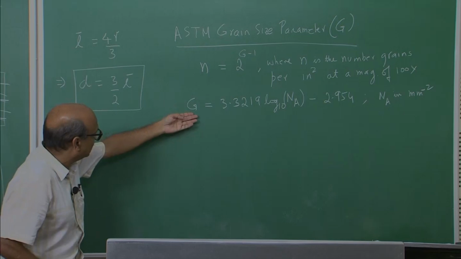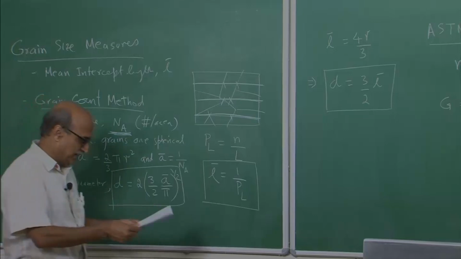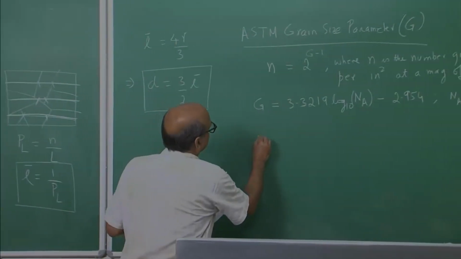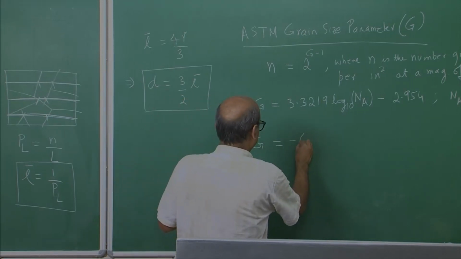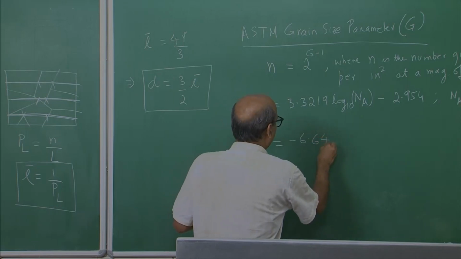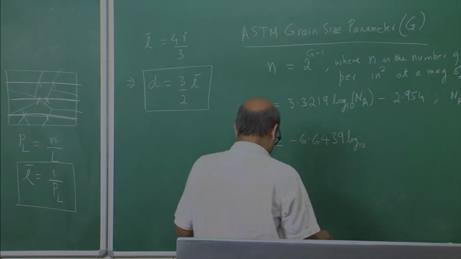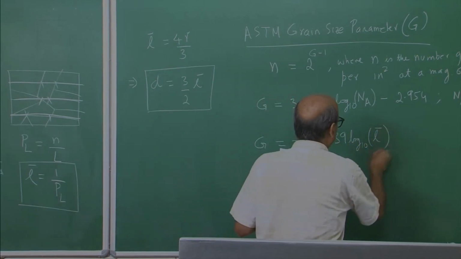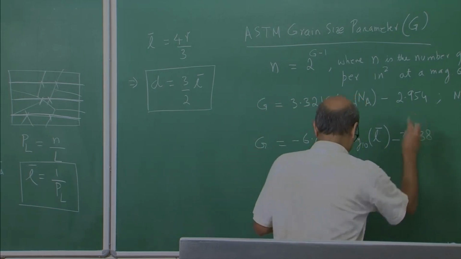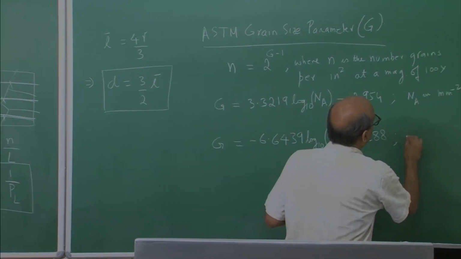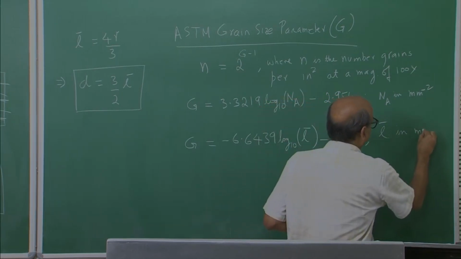I can also relate the ASTM grain size parameter to the mean intercept length, and that is given by the relationship G equals minus 6.6439 log to the base 10 of L bar minus 3.288, where the mean intercept length units are in millimeters.